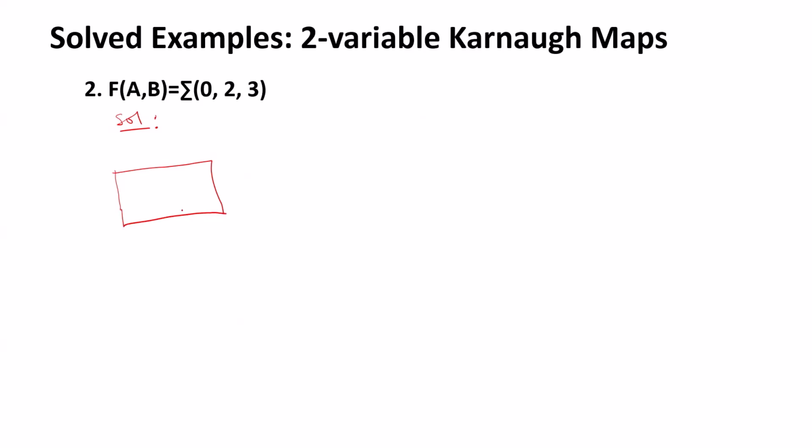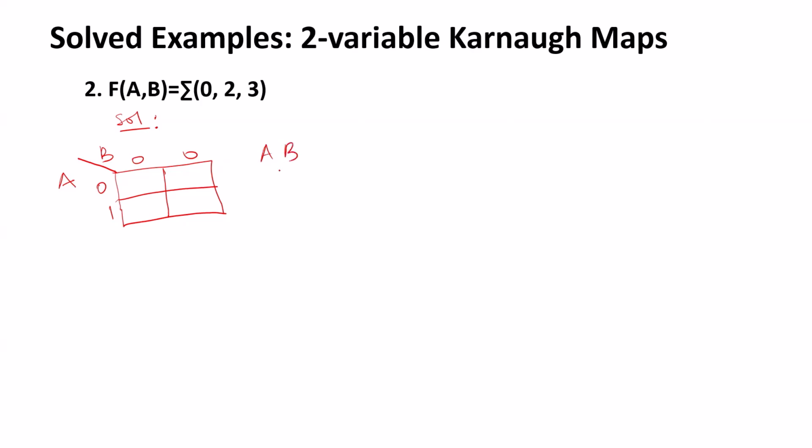K map. So let's call this A and this B. So A is 0, 1 and B is 0, 1.